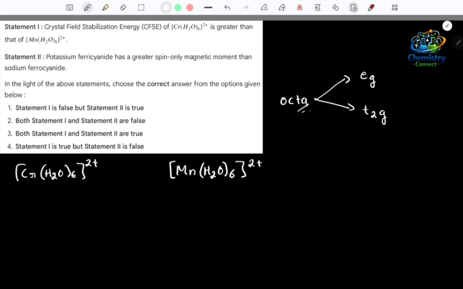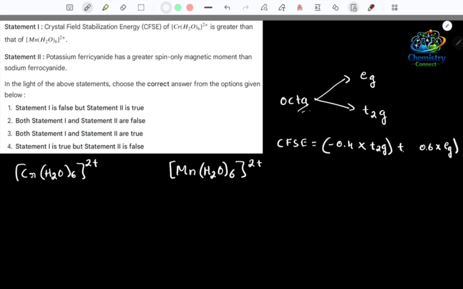So based on this, they are asking about the crystal field stabilization energy. We know the formula: CFSE is equal to minus 0.4 delta naught into the number of electrons in the t₂g orbital, plus 0.6 into the number of electrons in the Eg orbital.